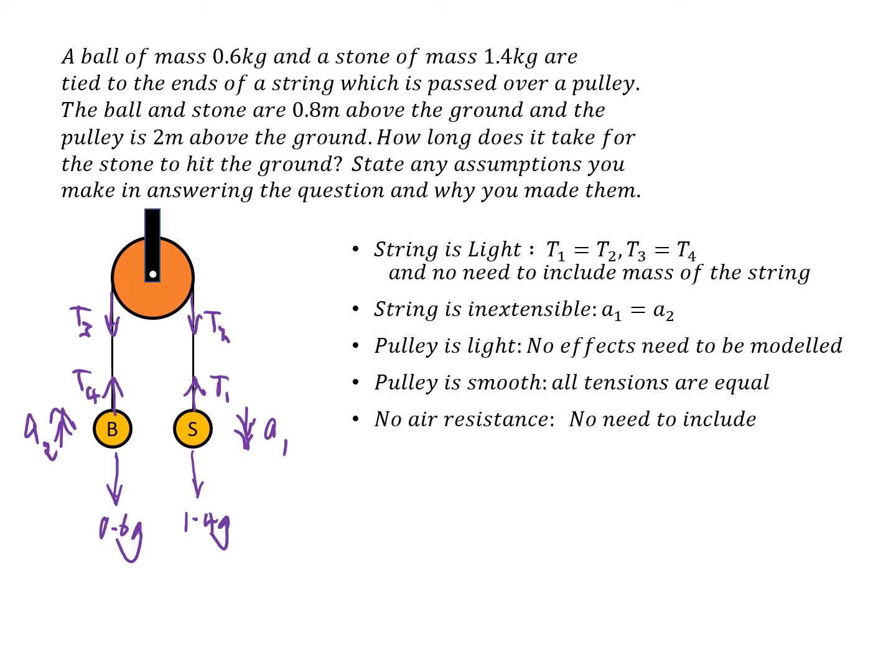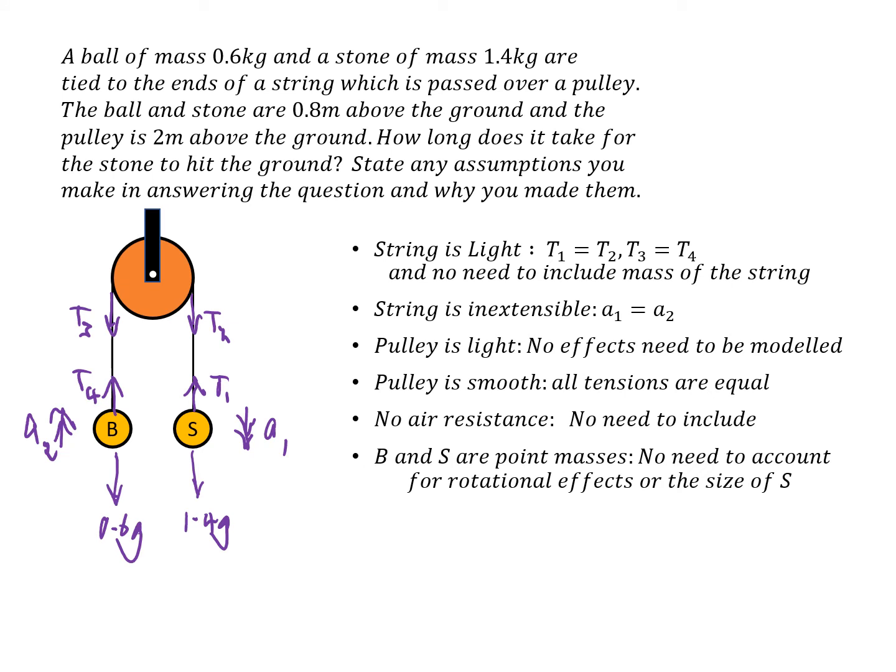Another nice simplifying assumption is that there's no air resistance, so we don't have to include the effects of air resistance, which is good. And also that B and S are point masses. So this means that we don't have to take into account any rotational effects or indeed the size of S when it hits the ground.